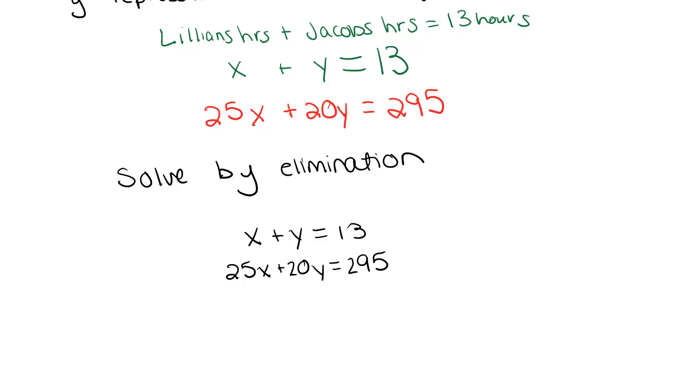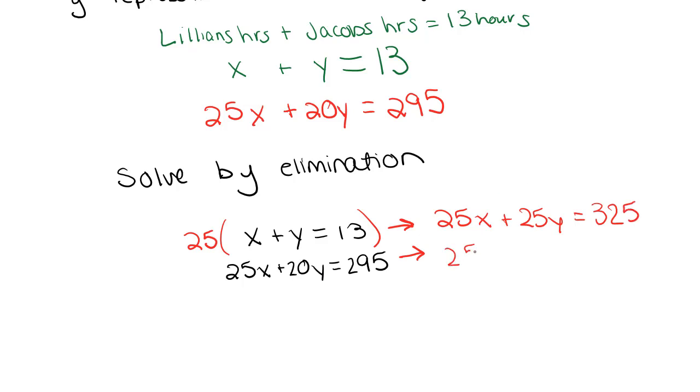It doesn't really matter. They'll both get me the same answer. I'm going to multiply it by 25 to make the coefficient of x match. Actually, I'm not going to use an equal sign. I'm going to use an arrow there. All right, so we get 25x plus 25y equals, let's see, 25 times 13 is 325. And then I'm just copying this down to make it a little bit easier to add and subtract in a moment.